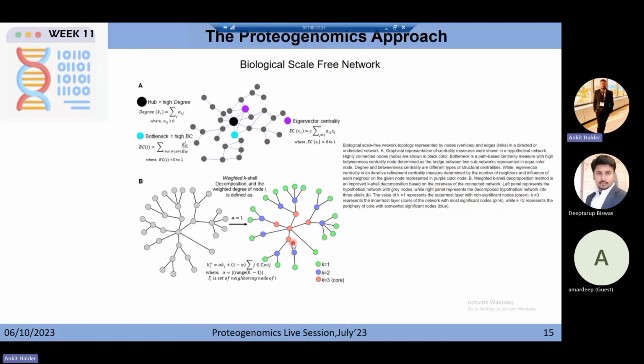As I was mentioning, this is very similar to what we see in our daily lives, and similar is the case with biological datasets as well. While K equal to 2 represents the periphery of the core with somewhat significant nodes.